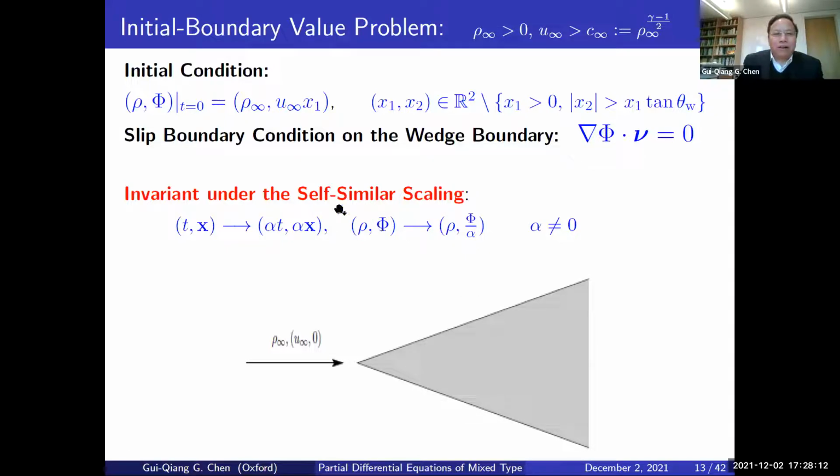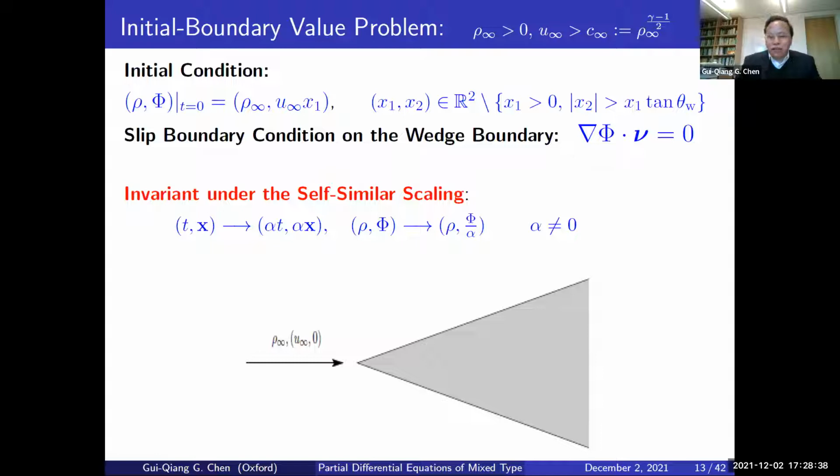Now, if you look at this problem carefully, you find that it is invariant under self-similar scaling. If you scale t and x by any alpha, alpha not equal to 0, and phi in this form, then the equations are invariant, the initial conditions are invariant, and the slip boundary condition is invariant.